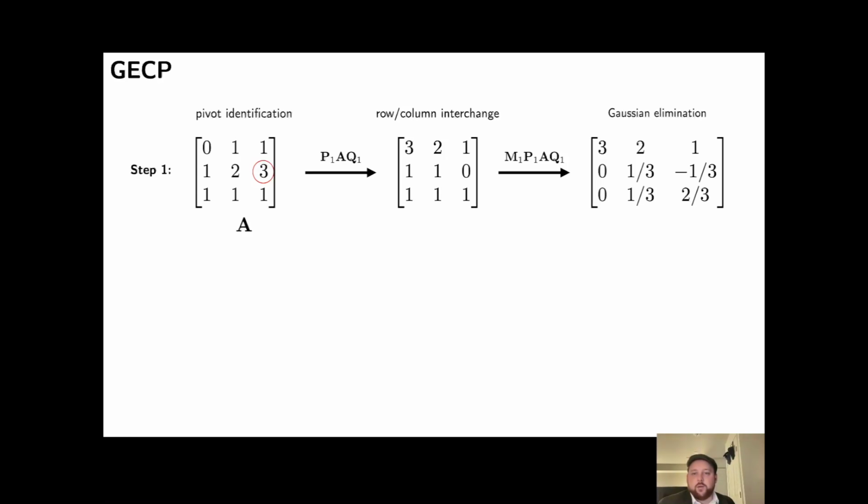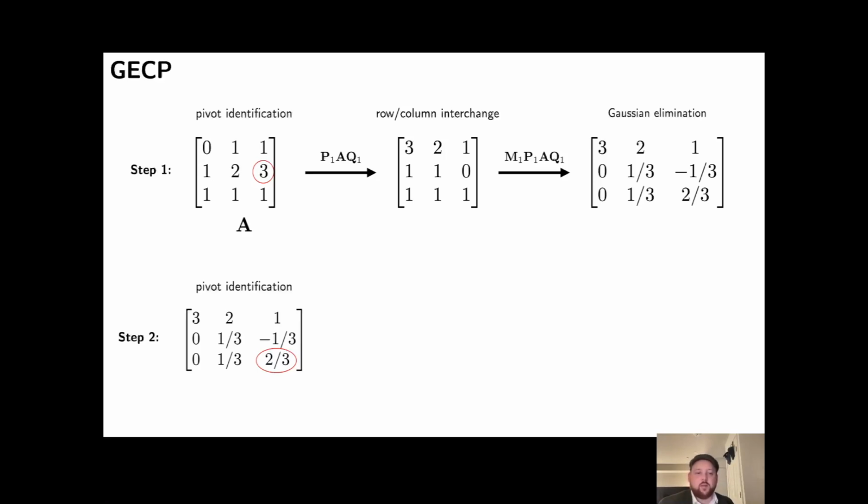All right, so then what's the next step? We need to identify the next pivot. Remember, we now have to look over the submatrix that excludes the first row and the first column, because we don't want to touch those anymore. Basically, after the kth step, we exclude the first k rows and the first k columns, and we only look over that remaining submatrix.